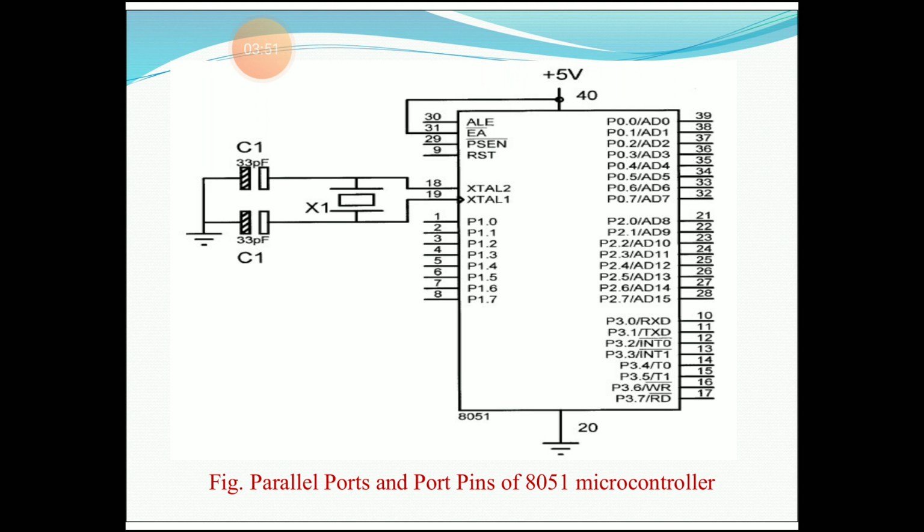Port 3 is used as I/O lines or for alternate functions, that is, receive data or transmit data operation, 2 external hardware interrupts, 2 timer signals and 2 control signals, read and write.